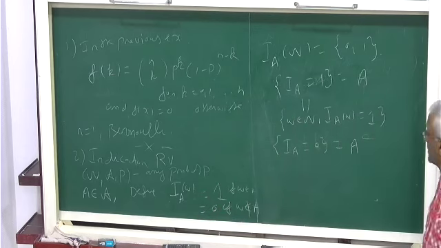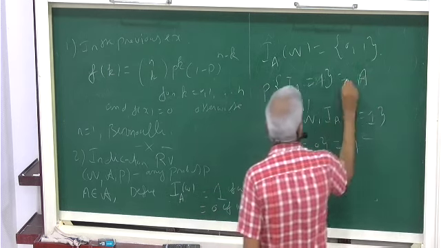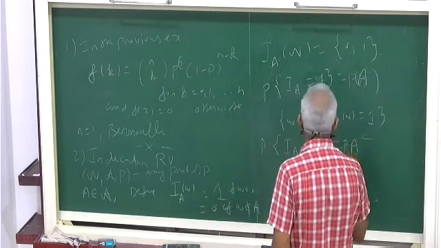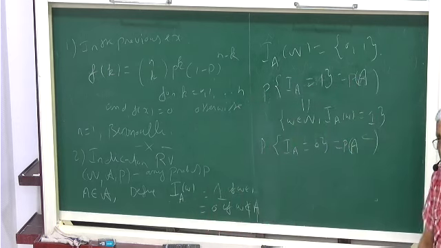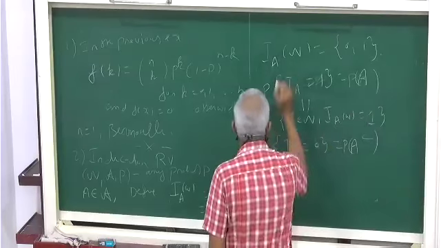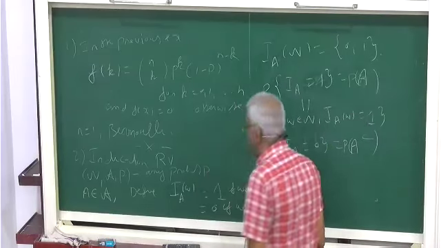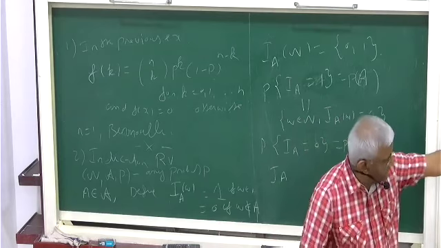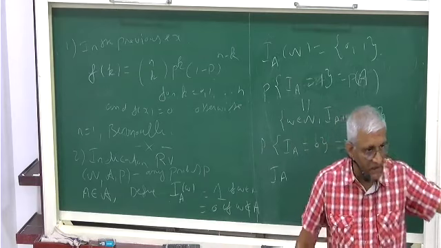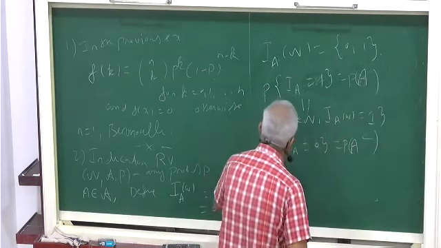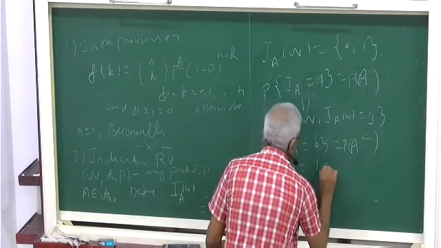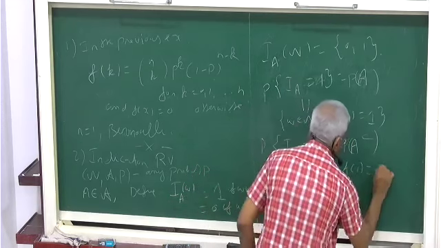So it takes only two values. The probability that I_A equals 1 is the probability of A, and the probability that it equals 0 is the probability of A complement. So this is a Bernoulli mass function, like the one for the binomial. The mass function is f of 0 equal to 1 minus p, and f of 1 equal to p.